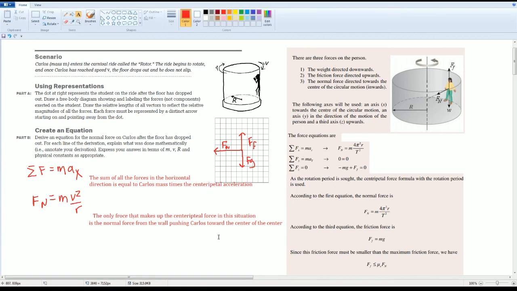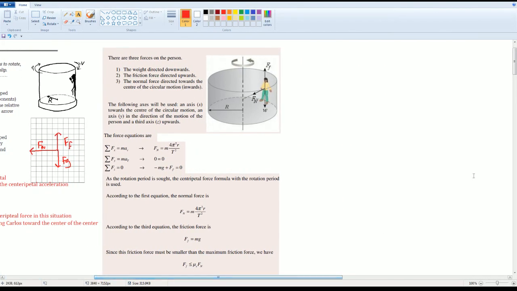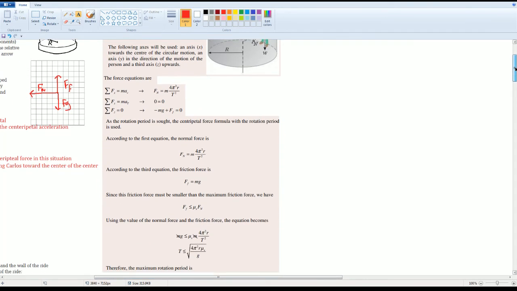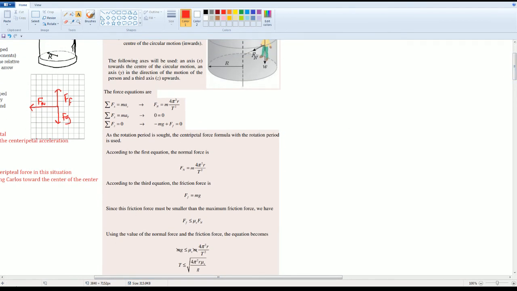So if you would like to see the derivation, it's right here. Here's the problem. If you want to pause it and get down the derivation, go ahead. You could basically stop here if you would like.